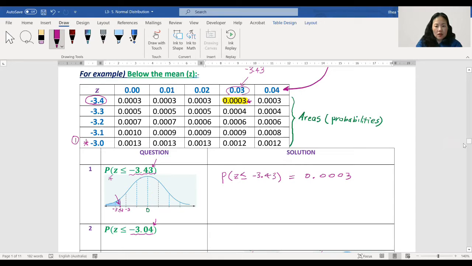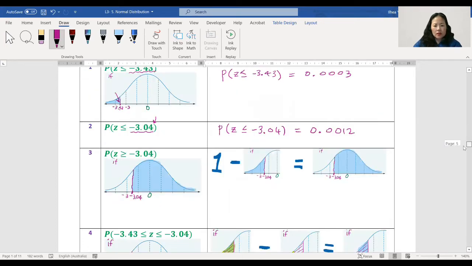So I'm going right to the end, to the 4, and that is my area here. So the answer for 3.04 equals 0.0012. Let's have a look at something different here.